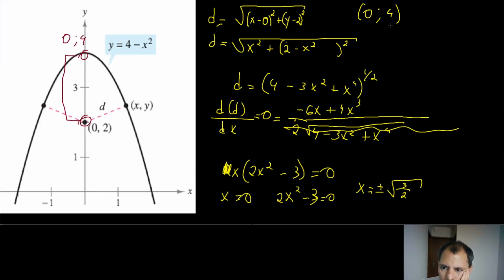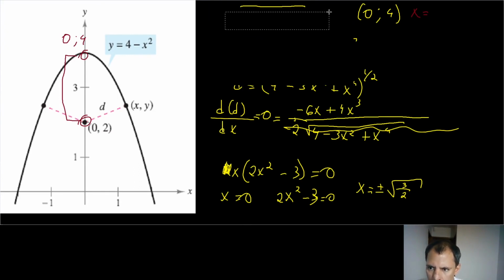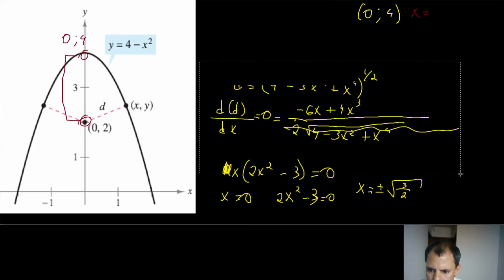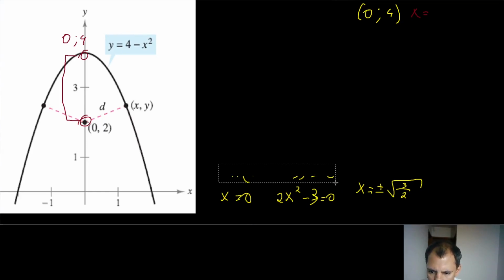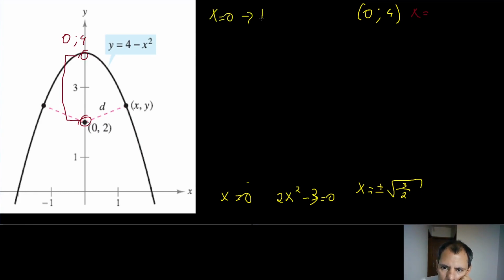So the distance using x, I'm going to start erasing some of this stuff. I didn't want to do that, but I have to. So for x equals 0, the distance is going to be 2. Now what about x equals square root of 3 divided by 2?